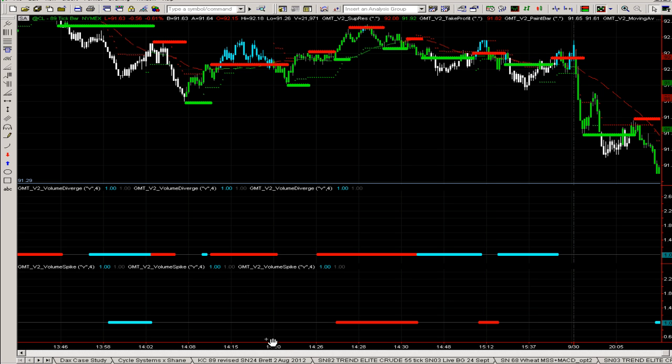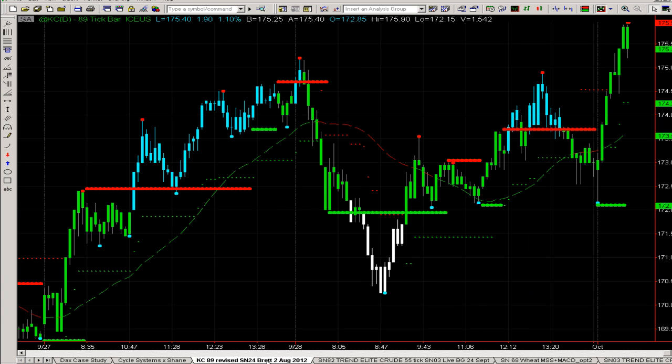So let's use an example here. Let's say, for example, that I'm looking to get into a trade here, looking for a buy setup. Oh, look at that. That's a perfect buy setup there. So we've got a buy setup.